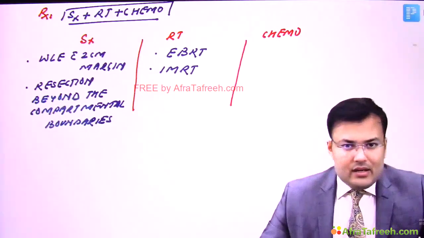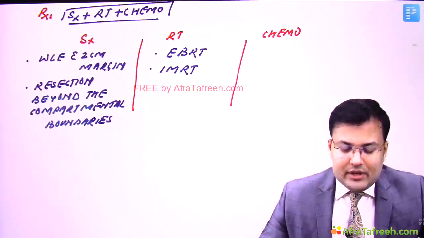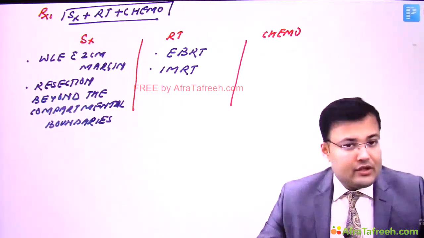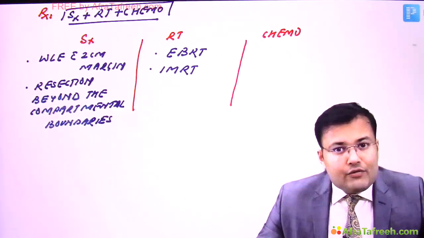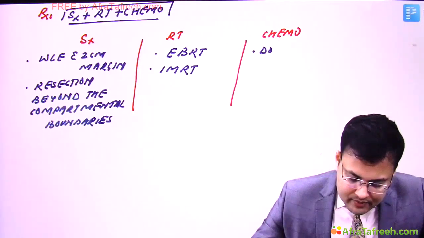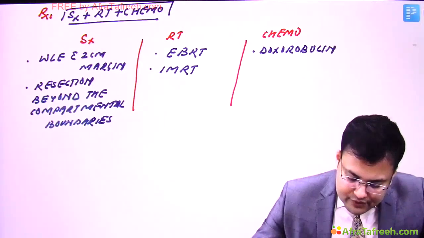EBRT, external beam radiotherapy, IMRT, intensity modulated radiotherapy. And in chemotherapy, what are the agents which are most commonly used in soft tissue sarcoma? It's doxorubicin and ifosfamide.